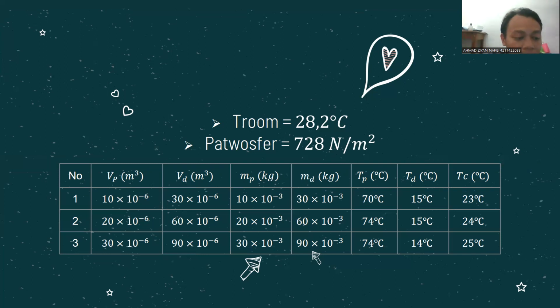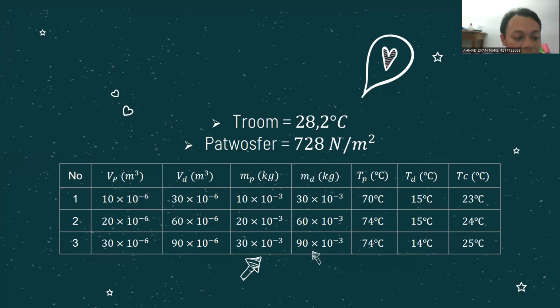two experiment data with a volume of hot water 20 times 10 power of minus 6 and a volume of cold water 60 times 10 power of minus 6.